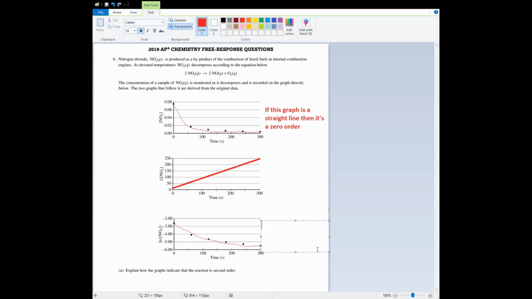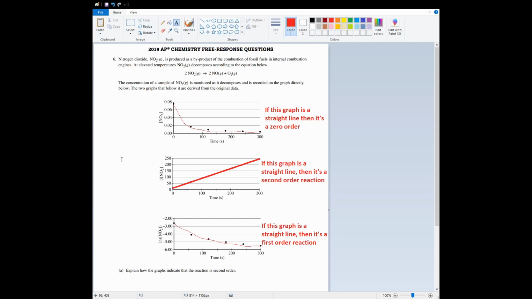If this graph down here is a straight line, then it's a first order reaction. And then the last graph right here, if this graph is a straight line, then it's a second order reaction.